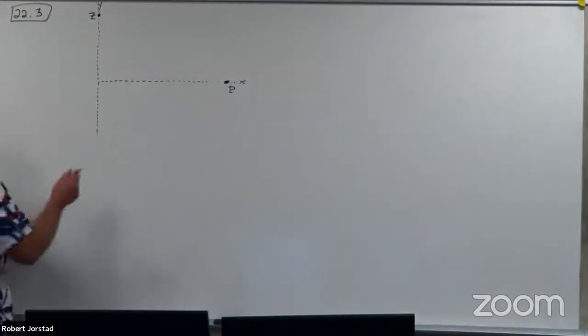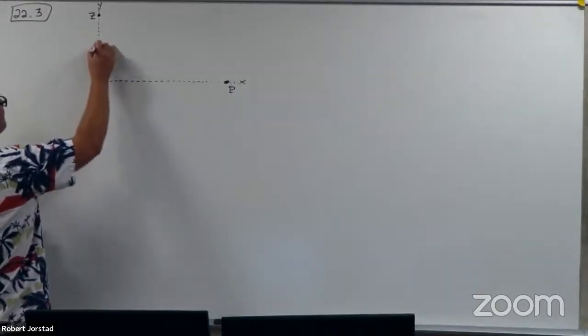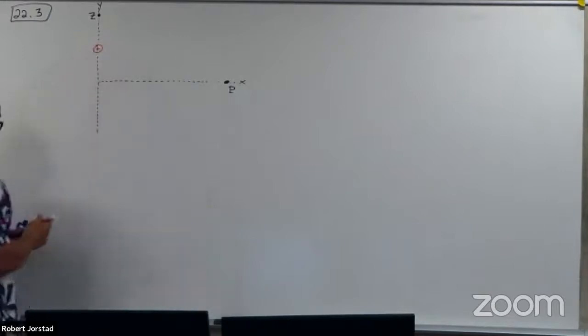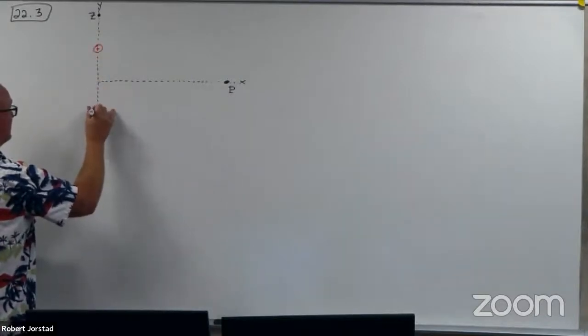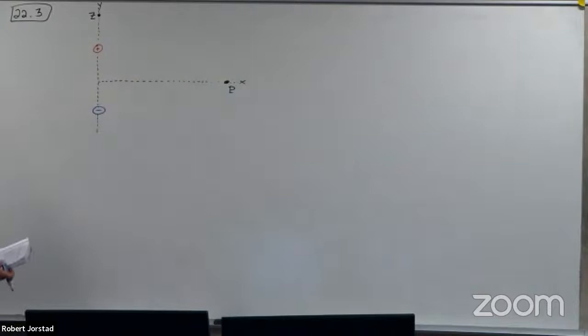We've got a plus charge. We usually use red for that. We've got a minus charge down here, same distance, approximately. We're told that these are spaced by distance A.